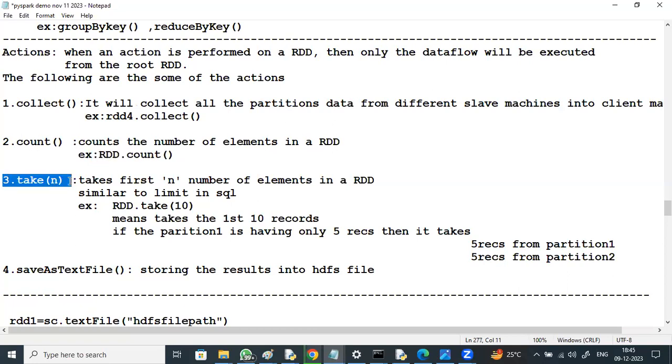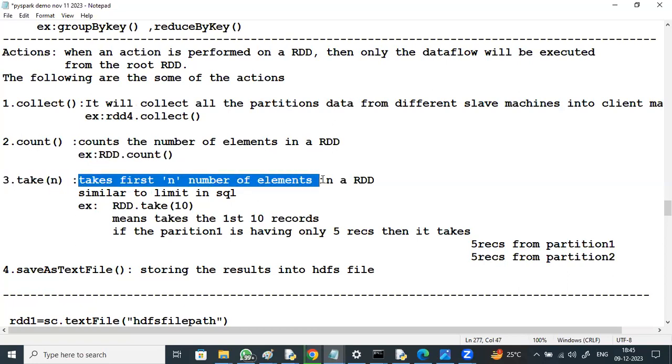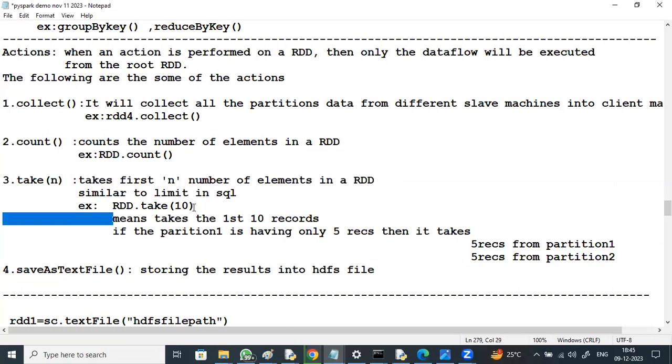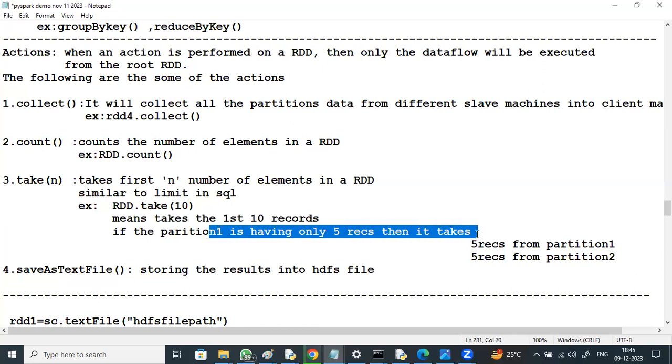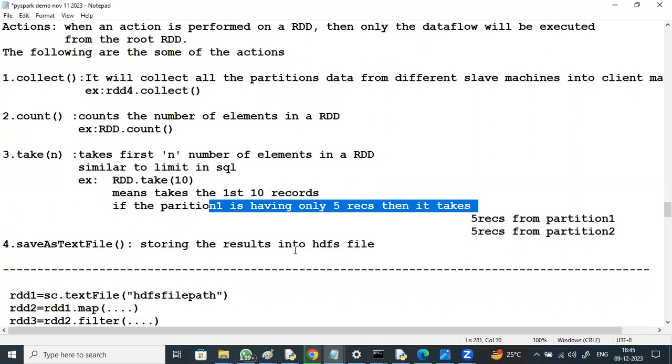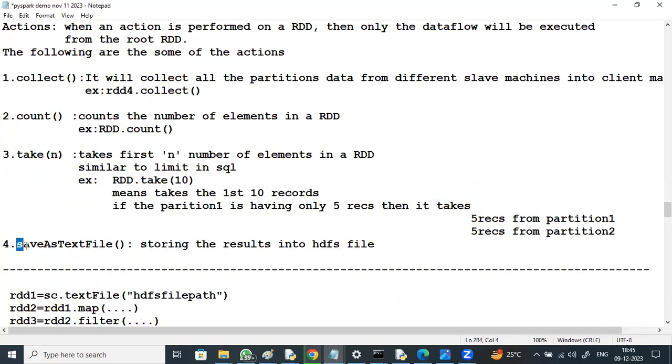Take takes the first 10 elements of an RDD: rdd.take(10) takes the first 10 records. If a partition has only 5 records, it takes 5 from partition 1 and 5 from partition 2. saveAsTextFile is for storing the results into an HDFS file.